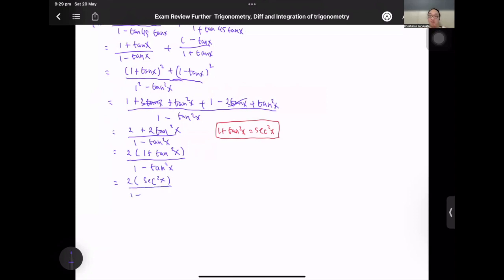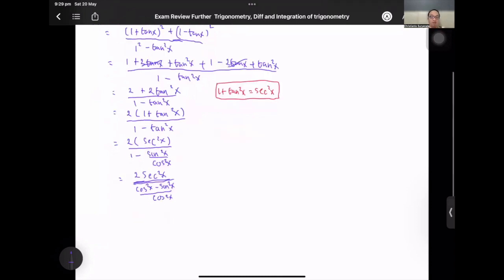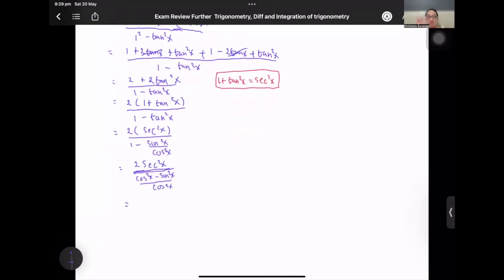And we change the tangent into sine square x over cos square x. So this becomes 2 secant square x over, we make the denominator again the same, yeah. So it becomes cos square x minus sine square x over cos square x. Yeah. Now we can flip the denominator.